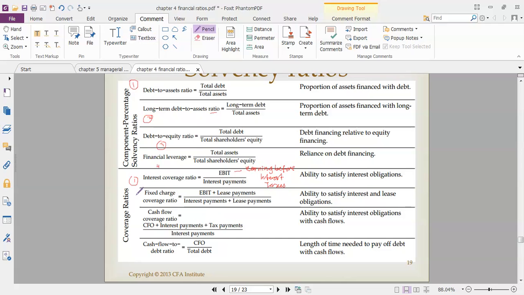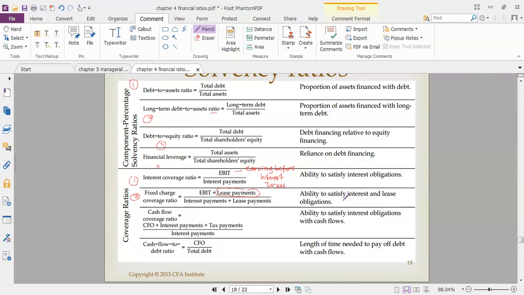The second one is the fixed charge coverage ratio. The formula is EBIT plus lease payment, divided by the interest payment plus the lease payment. The difference between the interest coverage ratio and the fixed charge coverage ratio is that we must add the lease payment here.